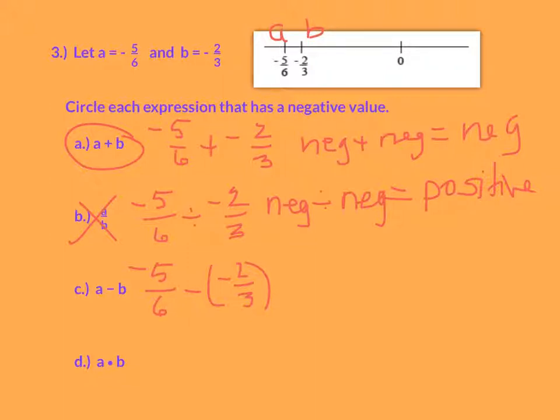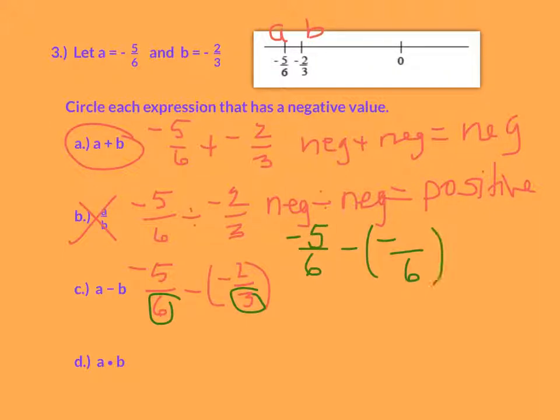So I, improper fractions, that's done. Love, the least common multiple of 6 and 3, of course, is going to be 6. So I know that both denominators need to have 6. So the first part, negative 5/6, is already a 6, so this is going to be negative 5.